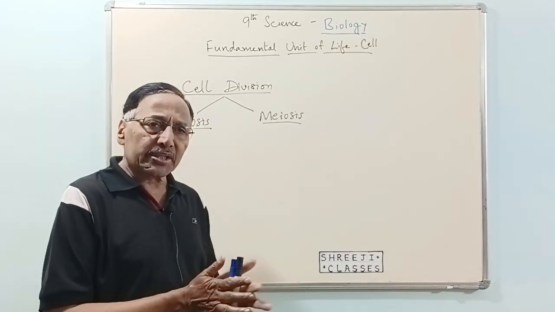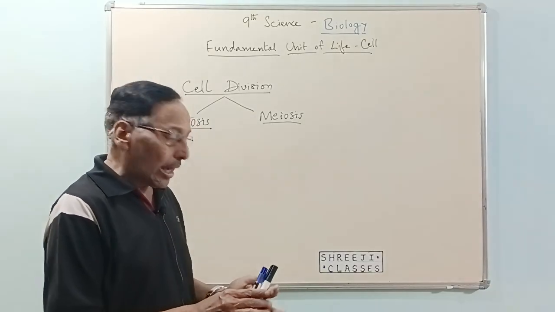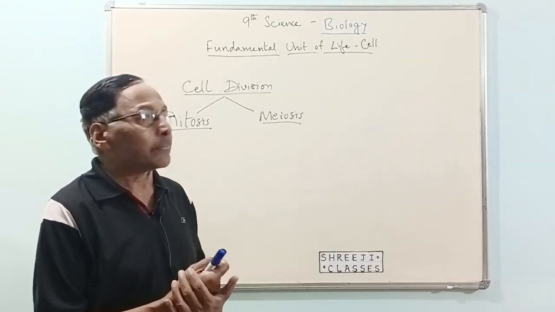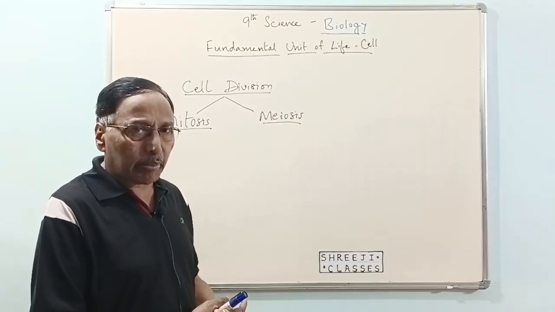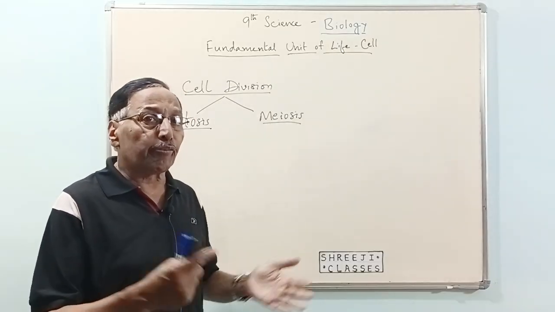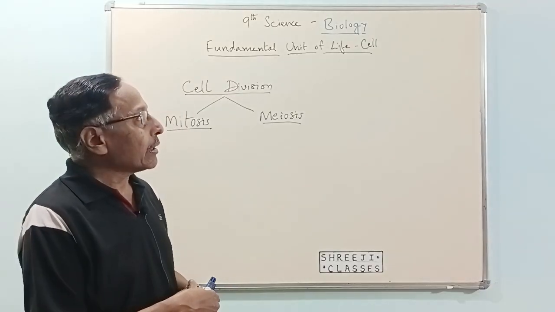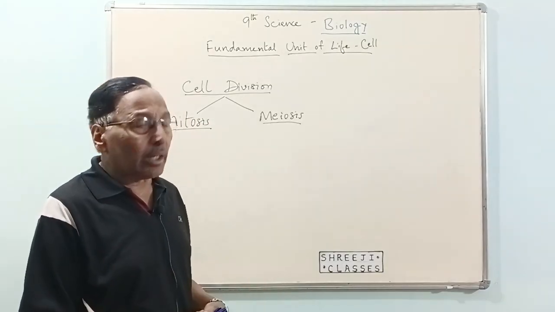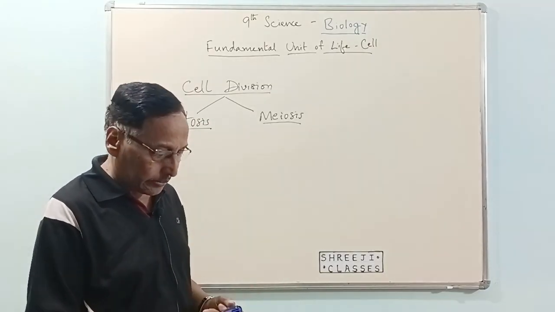Most of the organelles are membrane bound or membranous organelles, and a few are non-membranous organelles. Whether they are membranous or non-membranous, each organelle has its own specific function, and all the functions of the cell are controlled by what is called the nucleus.